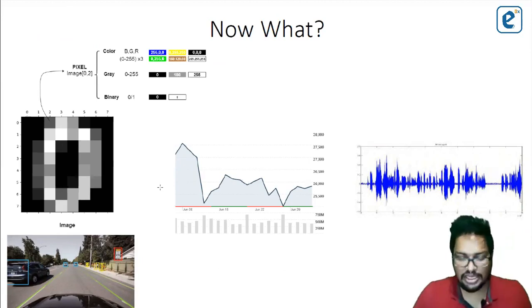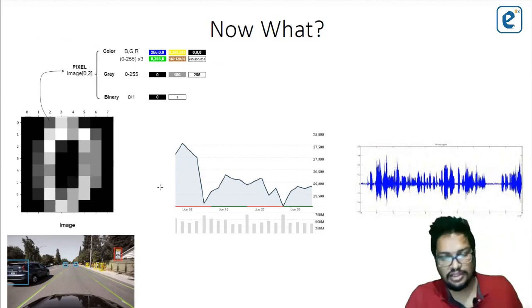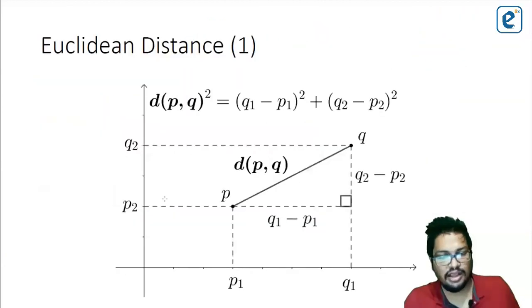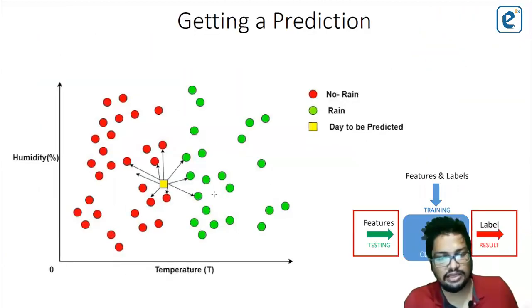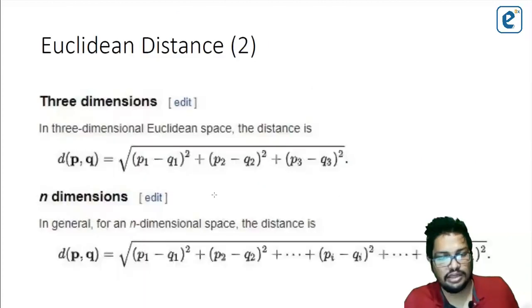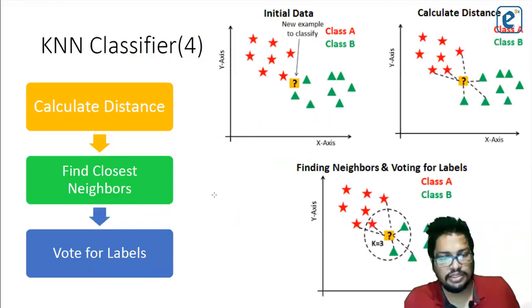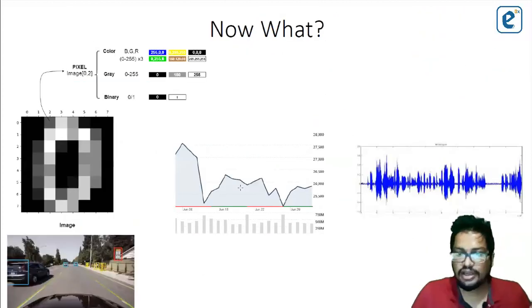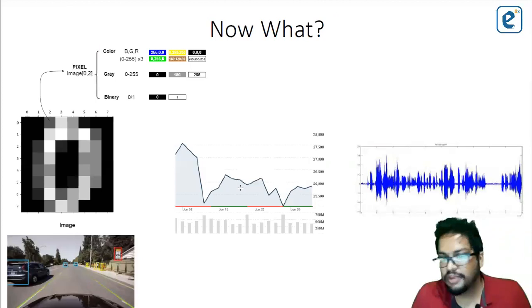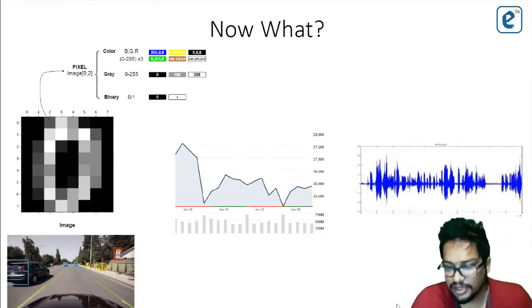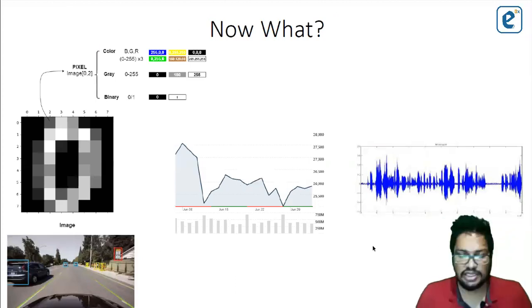So traditional machine learning algorithms can be used for the problems that I explained. But if the problem is getting complicated, we can't use machine learning algorithms for that.